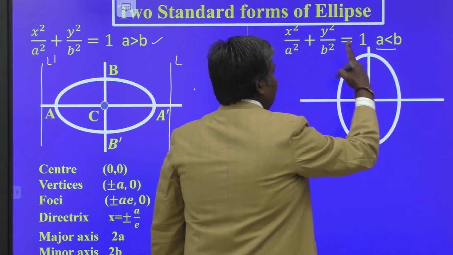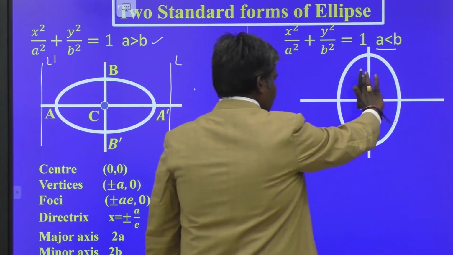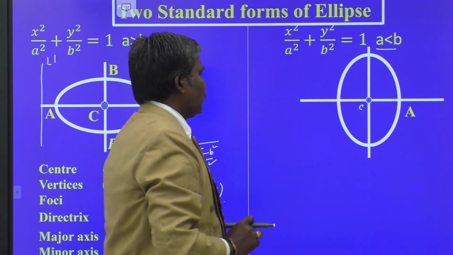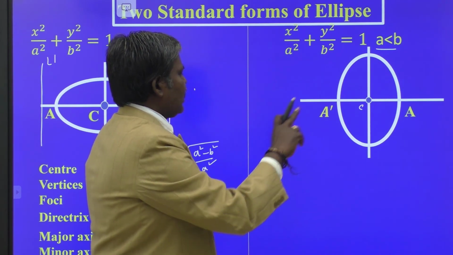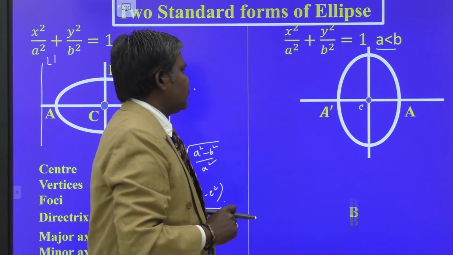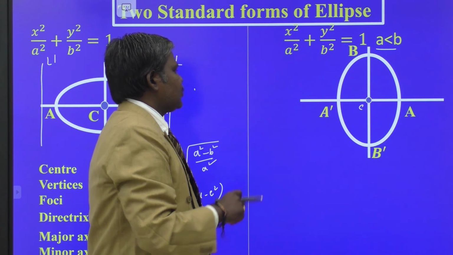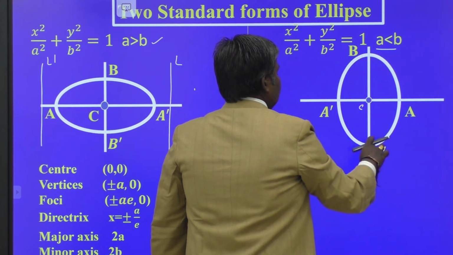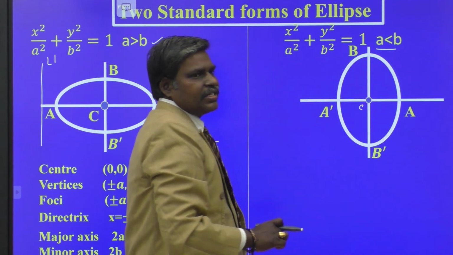The foci are on the y-axis, because it is the major axis, and this is the minor axis. A and A dash, the line segment A A dash, is the minor axis. Here B and B dash are the extremities of the major axis. So these are vertices. Here B and B dash are vertices.